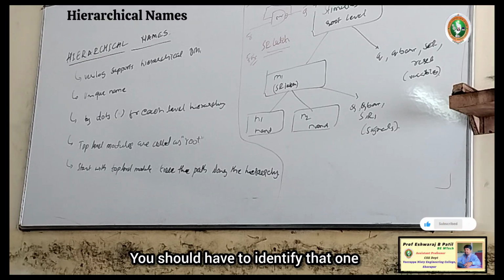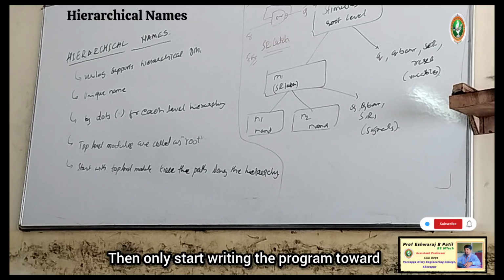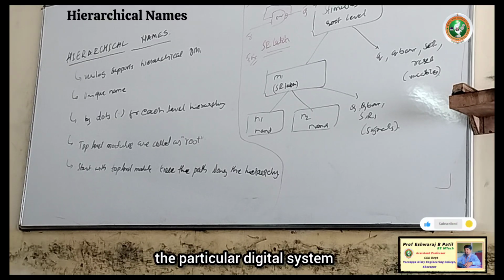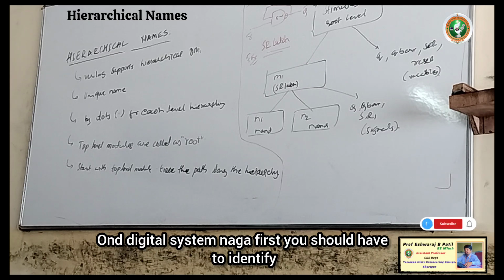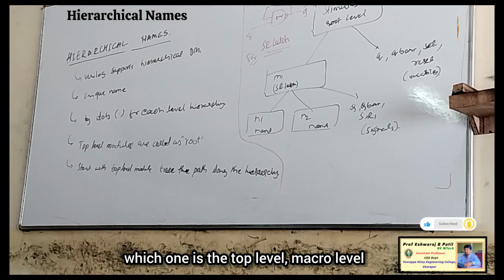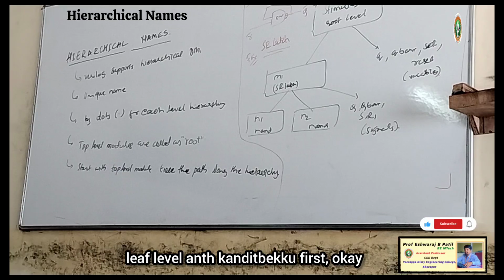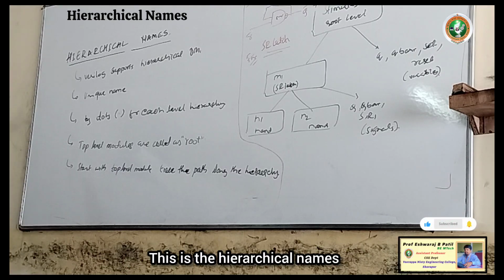You should identify that, then only start writing the program toward the particular digital system. On a digital system we should first identify which one is the top level, macro level, leaf level. Okay, this is the hierarchical names.